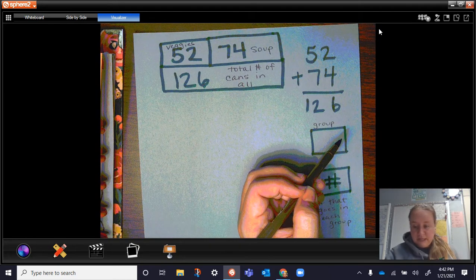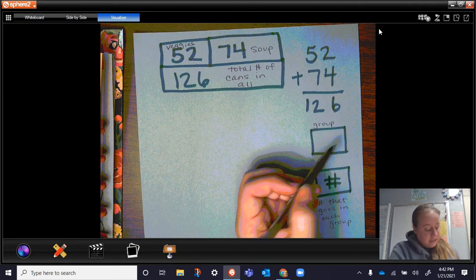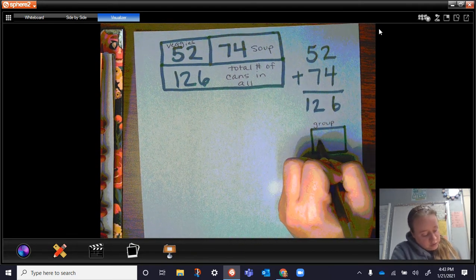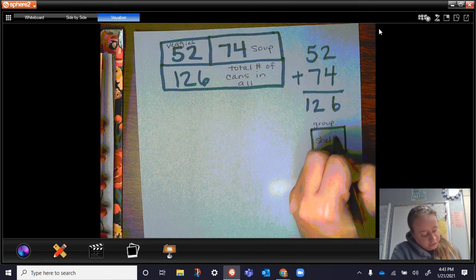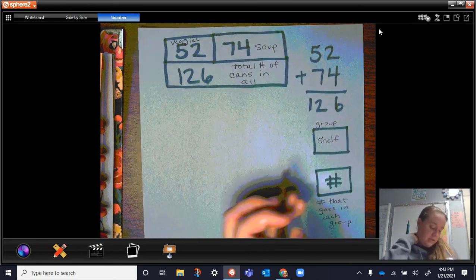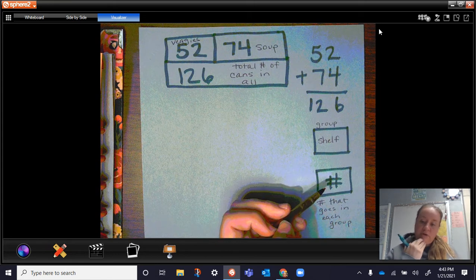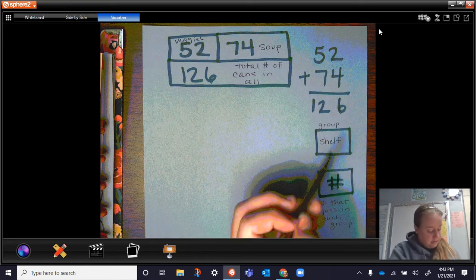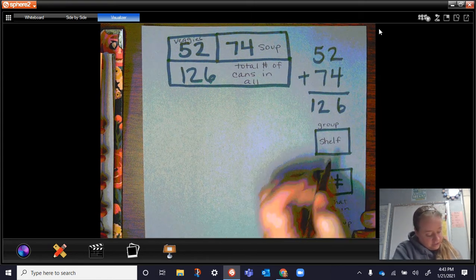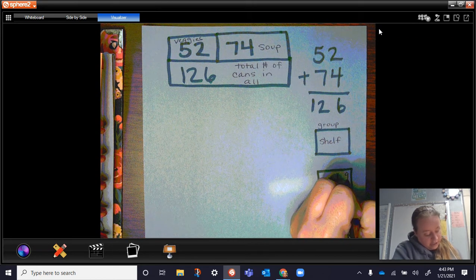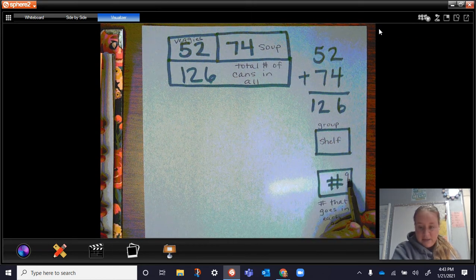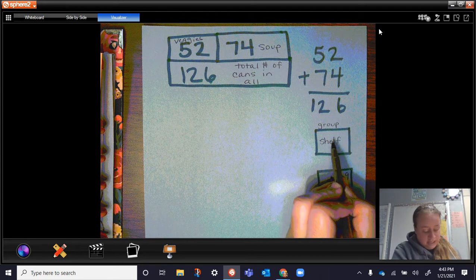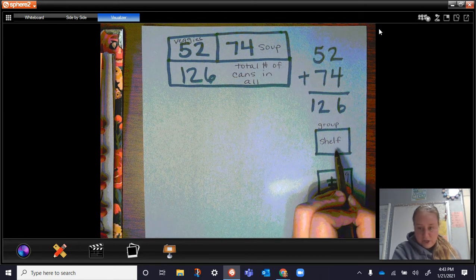The thing in my story that is getting something is the shelf. So the shelf is the group. Then the number that goes in each group, that is the 9. So this 9 right here, there are going to be 9 cans that go on the shelf.